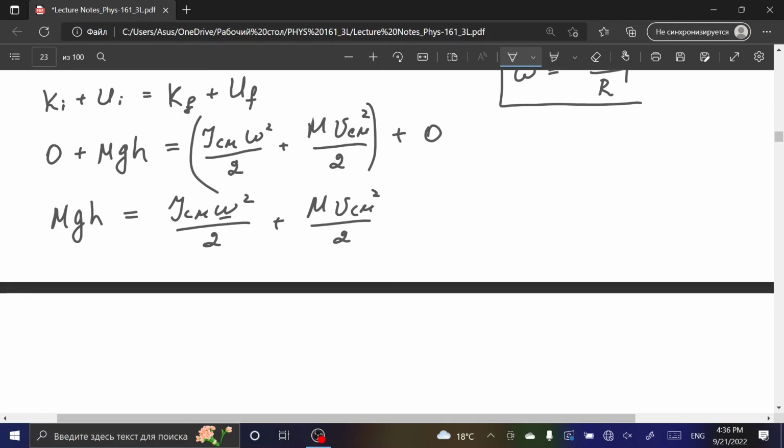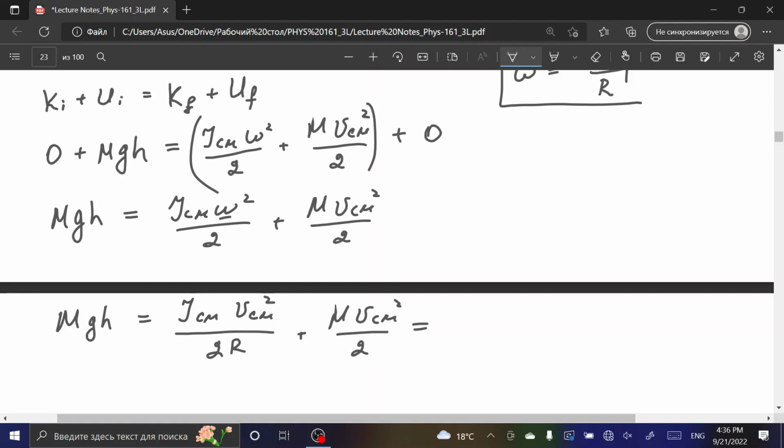With this, we can rewrite it: capital M times g h equal to I center of mass times v center of mass square over 2 radius square, plus m v center of mass square over 2.